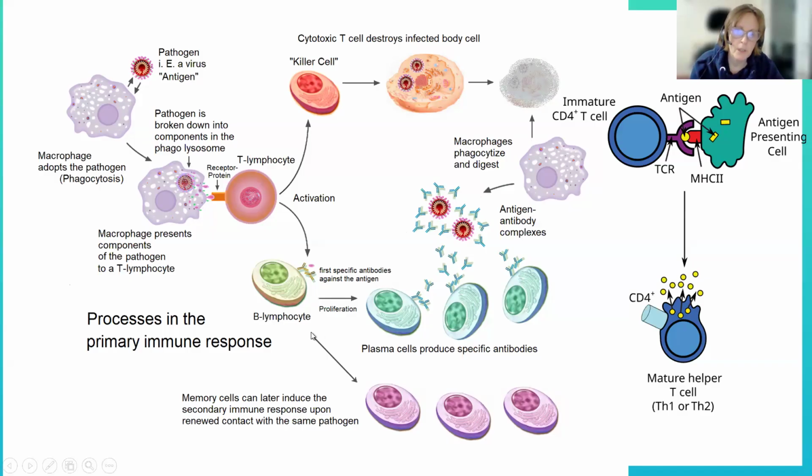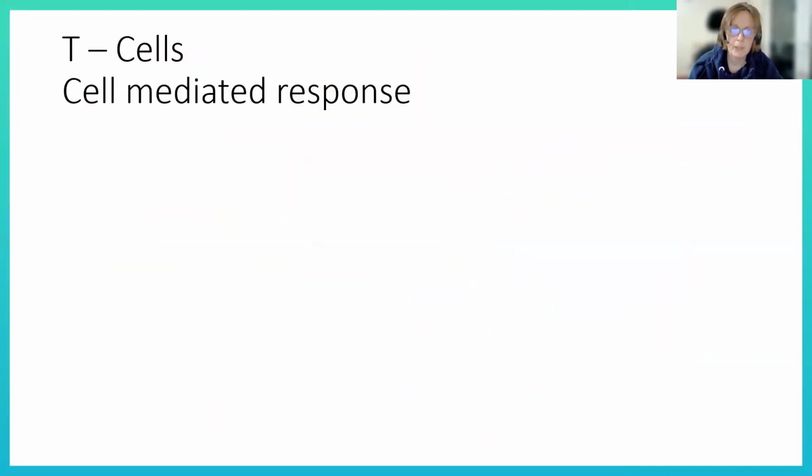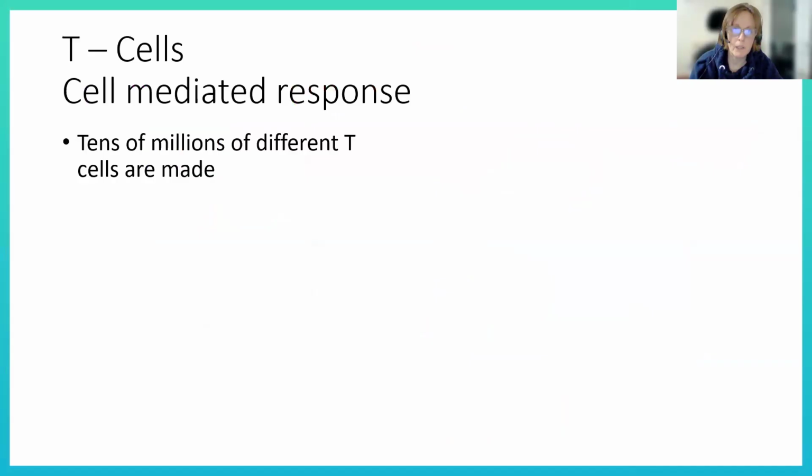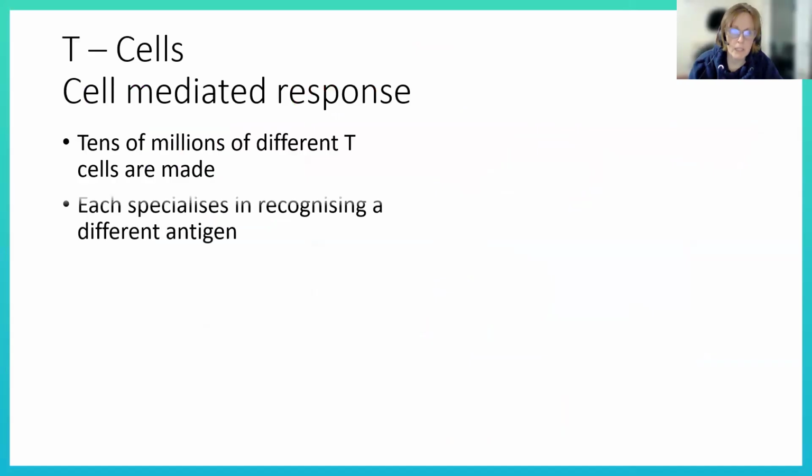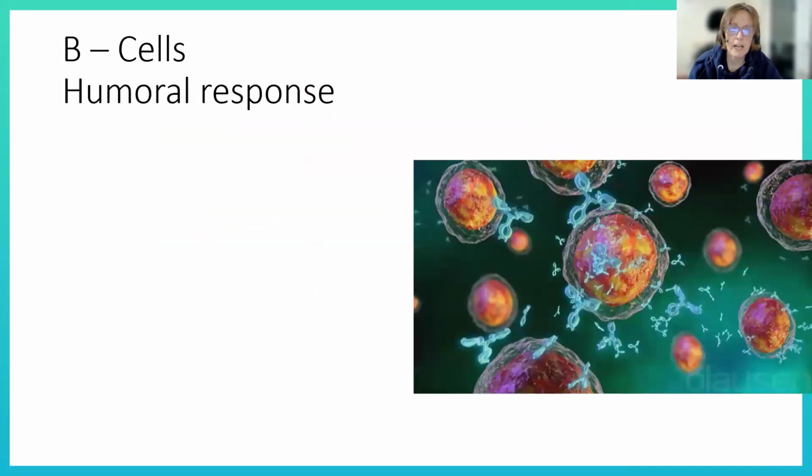But also, some of these B lymphocytes that have produced these antibodies can go off and become memory cells. And these can later on, if you come across this infection again, quickly come out to the site of infection, notice this infection and trigger an immune response really, really quickly. There are tens of millions of different types of T cells, each specializing in recognizing a different antigen.